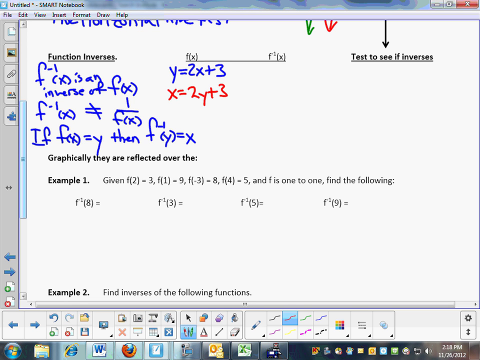And then I solve for y. How do you solve for y in this problem? Minus 3. So you got x minus 3 is equal to 2y. Now what? Divide by 2. And you get y is equal to (x minus 3) over 2. Those two are inverses of one another. Take out your graphing calculators and I'll show you why.